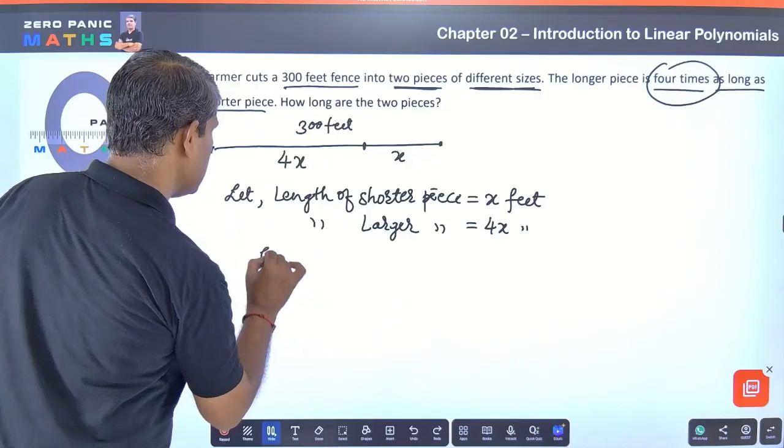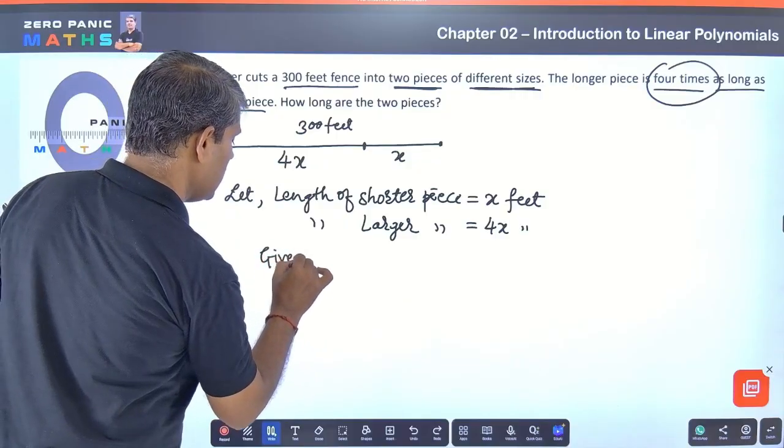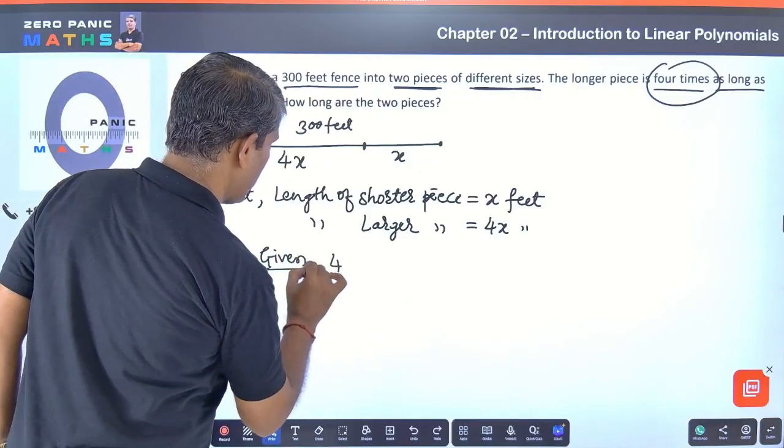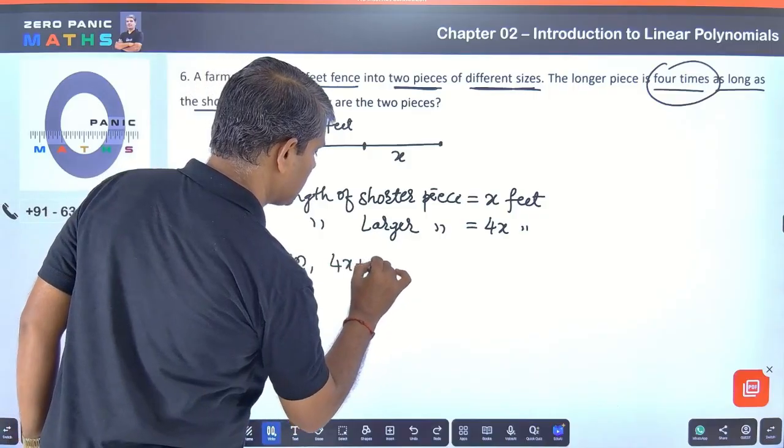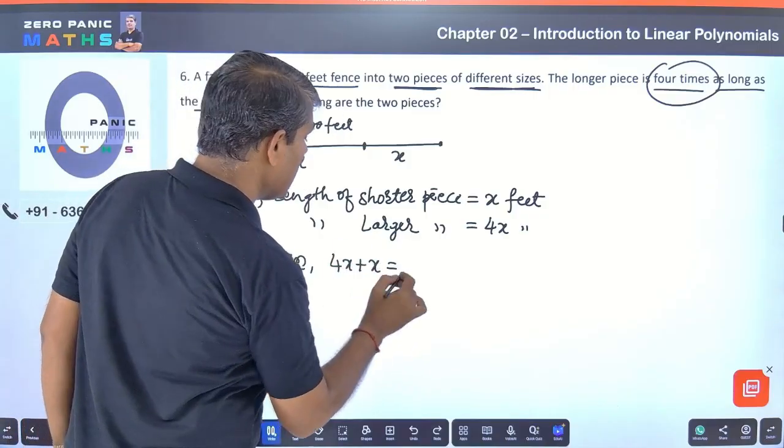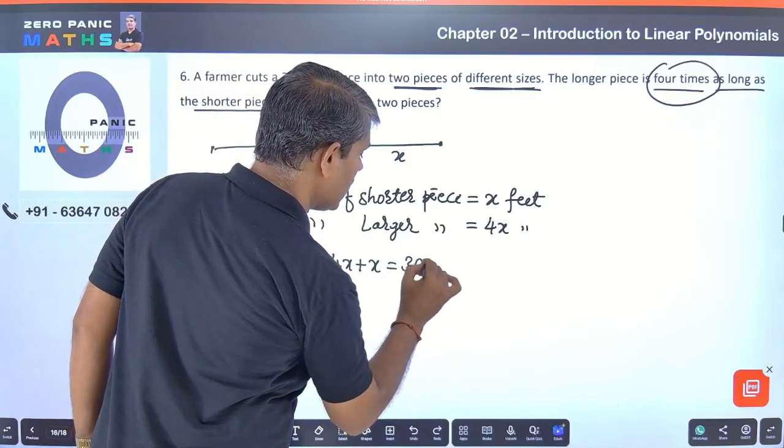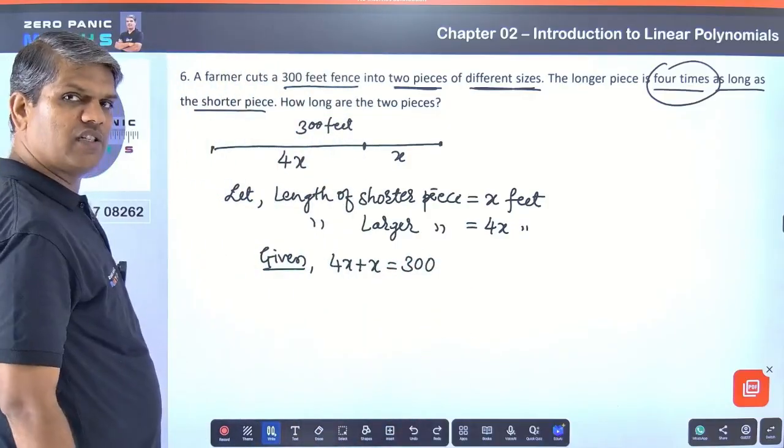And given is 4x plus x, the sum of both the cut pieces, and originally it was 300 feet, right?